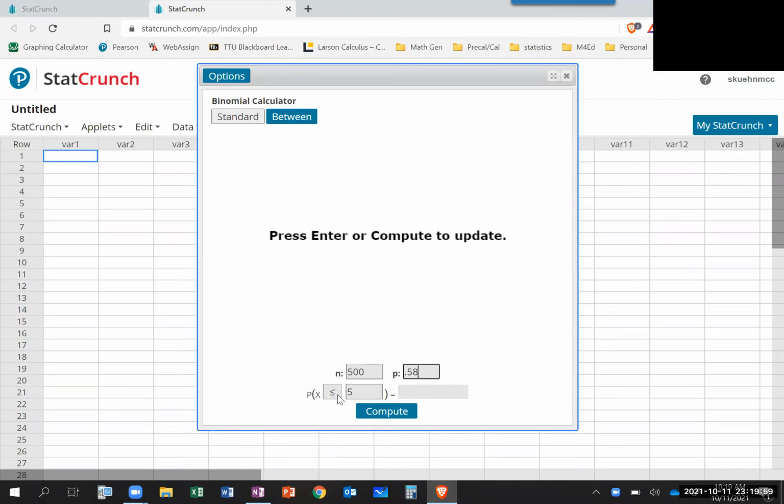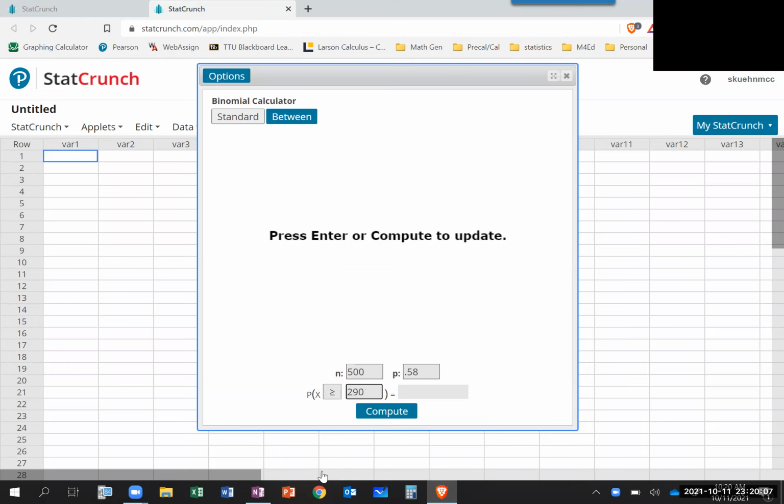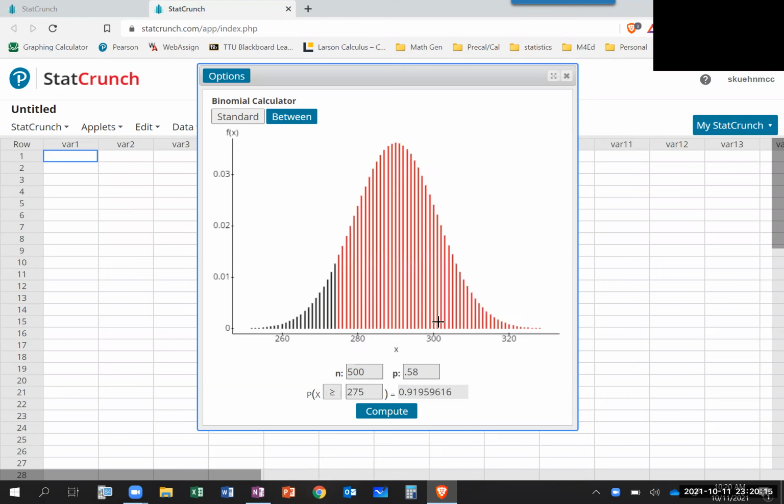We're looking for the probability that I encounter someone who had success greater than or equal to 275. Now looky there. A lot of things going on with this picture, okay? Number one, what is this box down here that's got 0.919 in it?